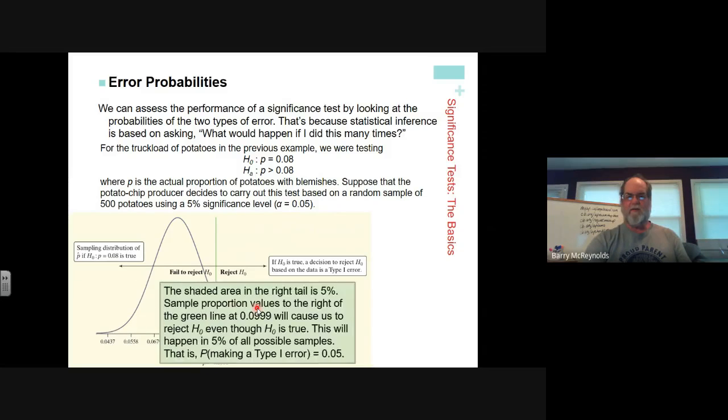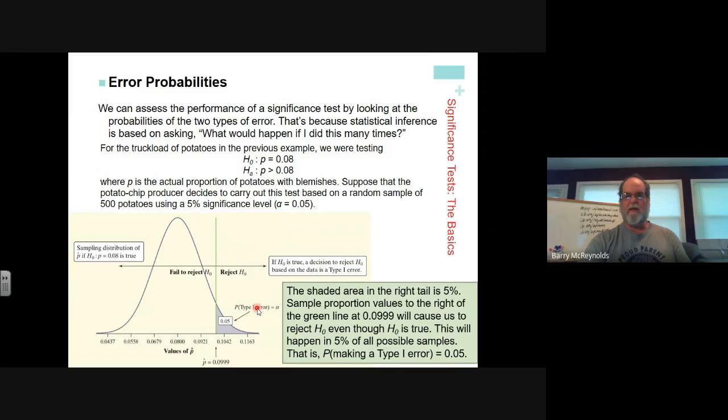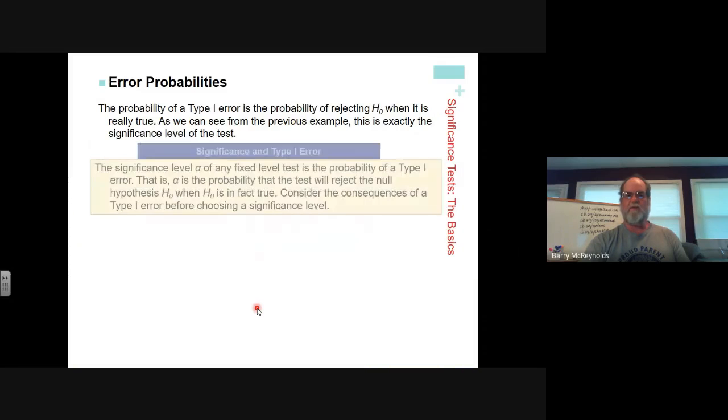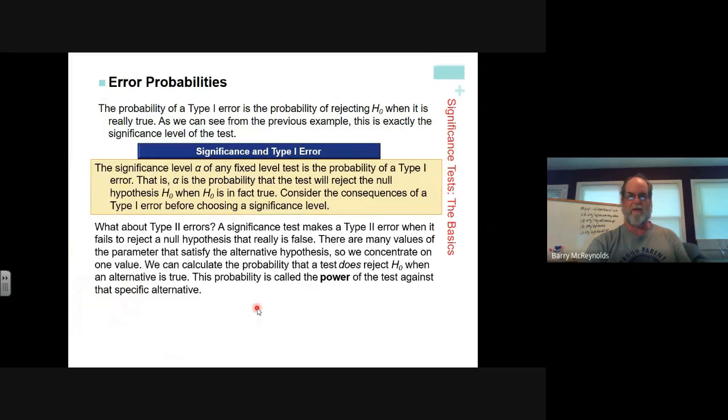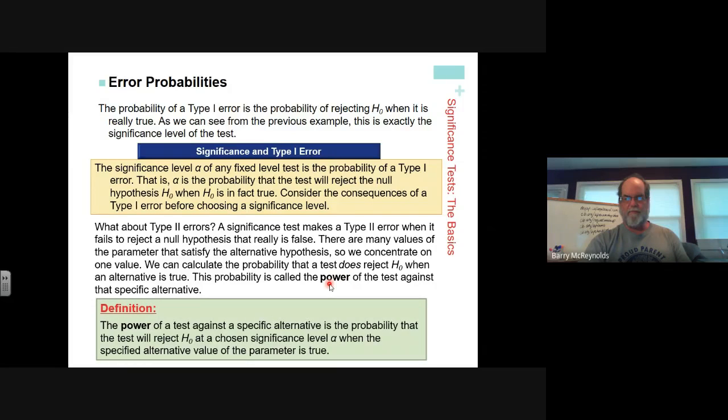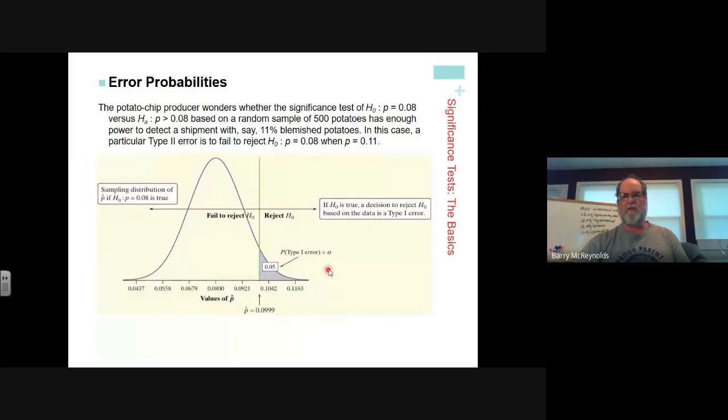Okay, and then we talked about type 2 error. Let me scroll through here a little quickly. We can come back to this if we want. We talked about type 2 error, which is a failure to reject the null hypothesis when it really is in fact false. And the probability of that is called the power of the test.